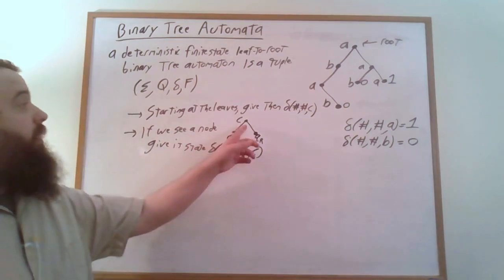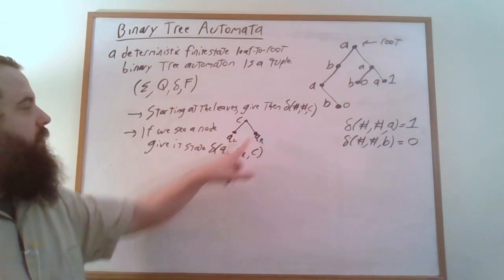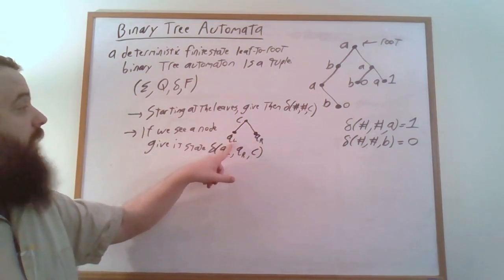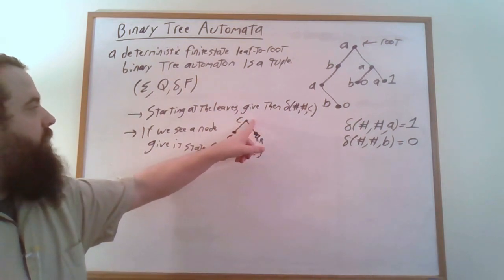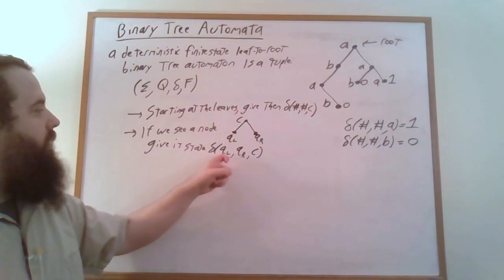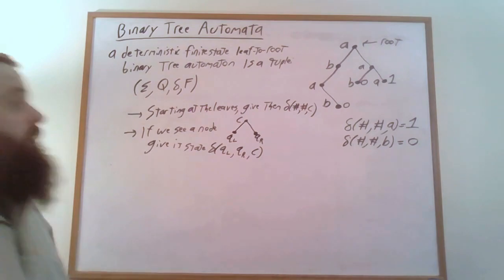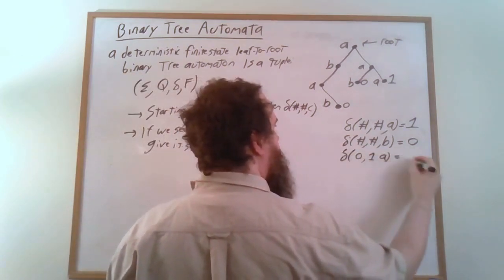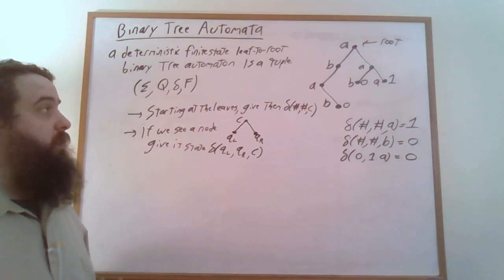If we see a node with character C whose children have been associated the states Q left and Q right, then we will calculate the state for this node here by looking up delta of Q left, Q right, and C. So for instance, let's say that delta of 0, 1, A is equal to 0.